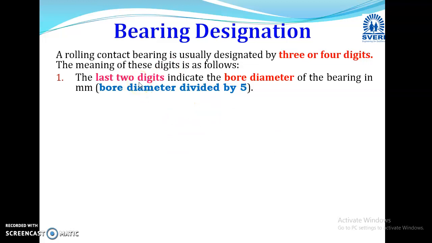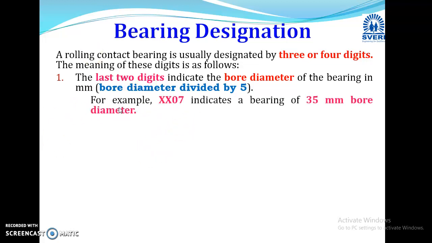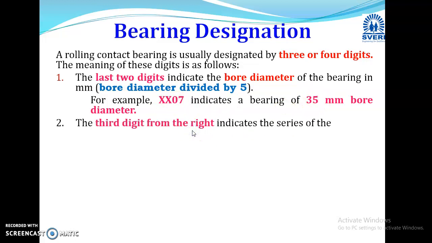In simplicity, that multiplied by 5 gives the bore diameter. For example, with a 4 digit number XX07, 07 into 5 gives a 35 mm bore diameter of that particular bearing.